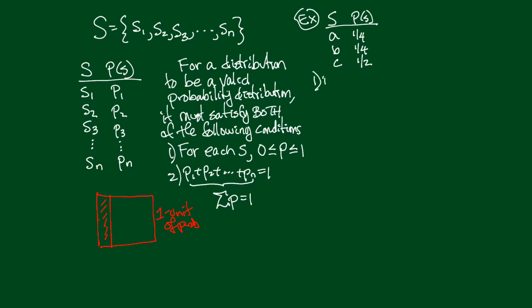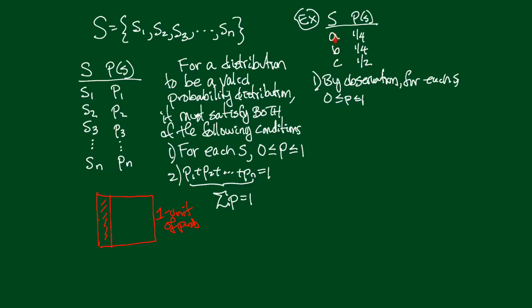Number one, by observation, that means I've looked at this, and I'm convinced that for each S, this is true: 0 less than or equal to P less than or equal to 1. Do you believe it?